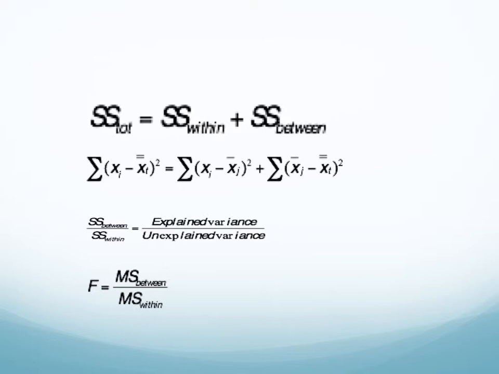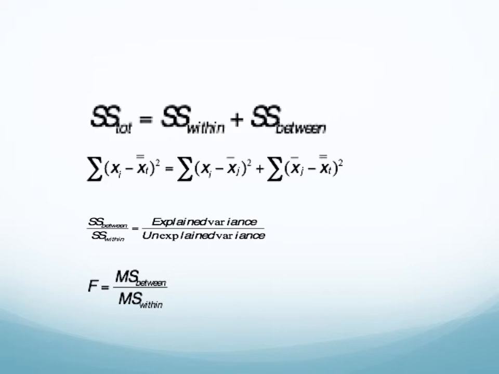And if we take a proportion of that, sum of squares between and sum of squares within: sum of squares between groups, remember, is the explained variance, the amount that's explained by being in a group, divided by the unexplained variance, which is the sum of squares within the group.